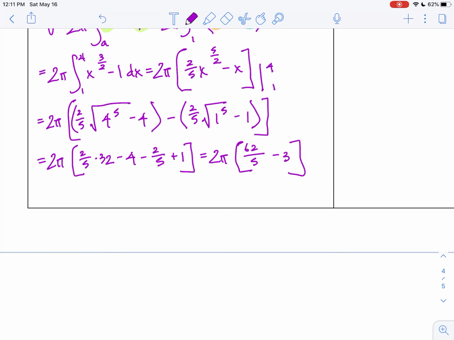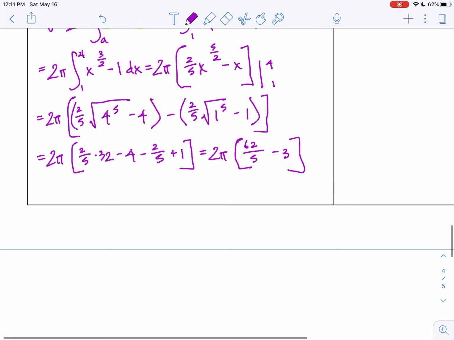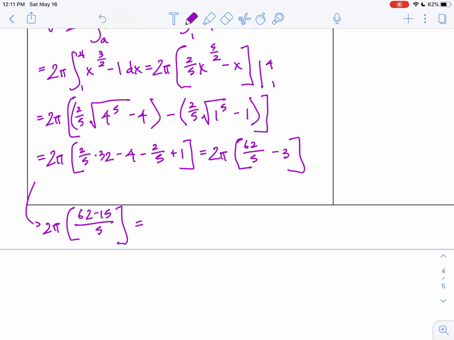I'm going to go for a common denominator of 5. That will give me 2 pi times 62 minus 15 over 5, which will give me 47 times 2 pi over 5, which will give me 94 pi over 5.